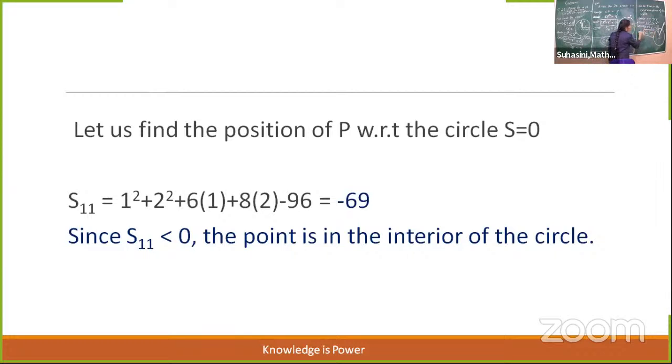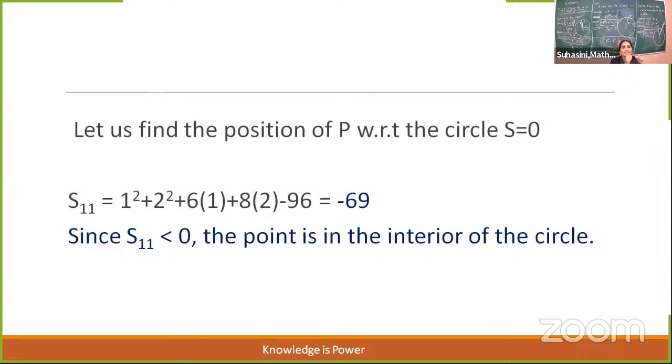So in all these cases, whether the point lies inside the circle, on the circle or outside the circle depends exclusively on the value S11. If S11 is greater than 0, the point lies outside the given circle. If S11 is equal to 0, the point lies on the circle.